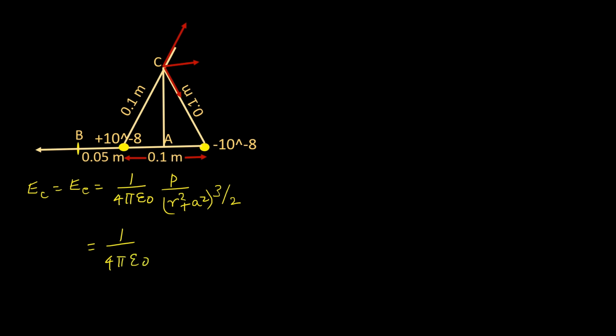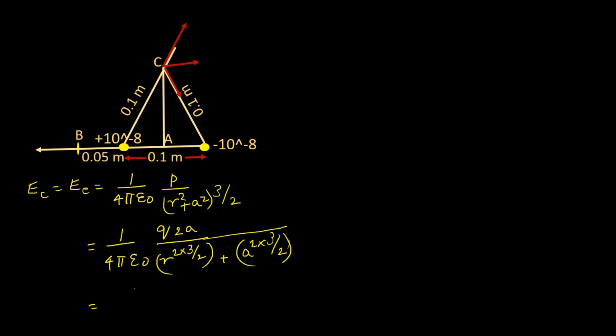Now electric field at point C, which is along the equatorial line, and we have the expression for equatorial line, 1 by 4 pi epsilon naught P by R square plus A square the whole raised to 3 by 2, which on simplification becomes 1 by 4 pi epsilon naught into Q2A divided by R square into 3 by 2 plus A square into 3 by 2.